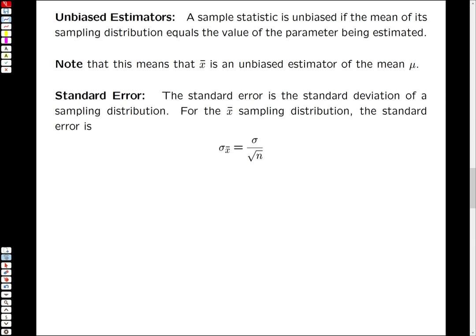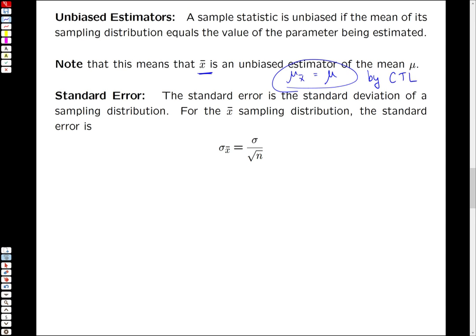A sample statistic is unbiased if the mean of its sampling distribution equals the value of the parameter being estimated. In other words, if mu X bar is equal to mu, that tells you that it's unbiased. So X bar is an unbiased estimator because I have these two equal by the central limit theorem.